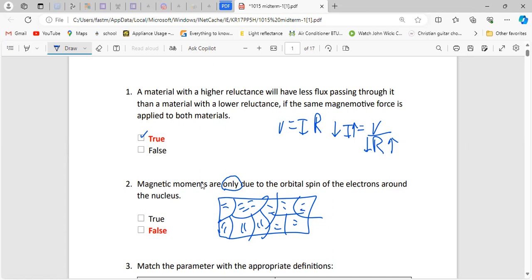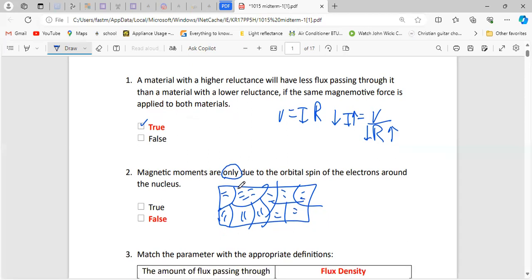Majority of the time, unless it's explicitly obvious, the answer is false, especially when it's true and false. So if you cannot think of any others, most of the time the answer is false. But this one was not one of the exceptions.